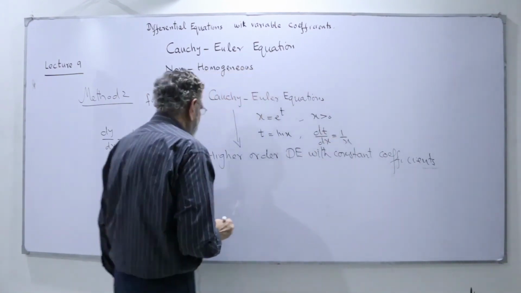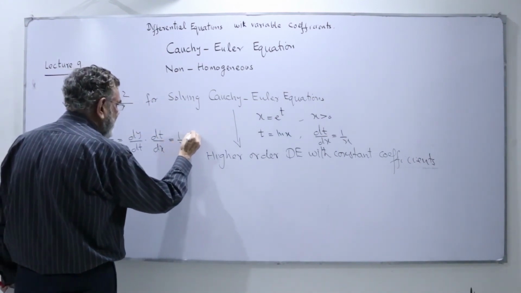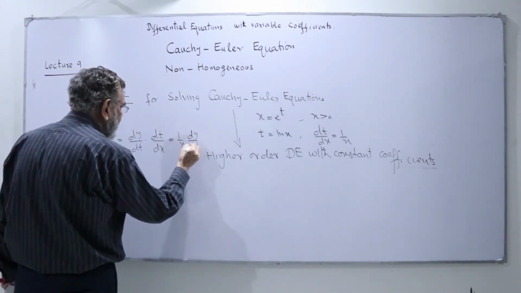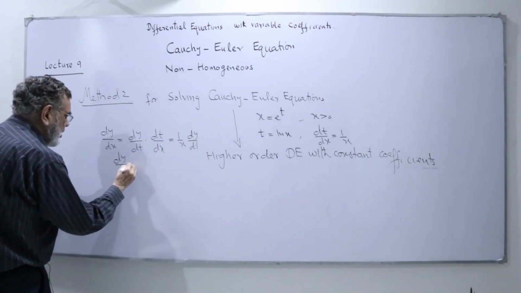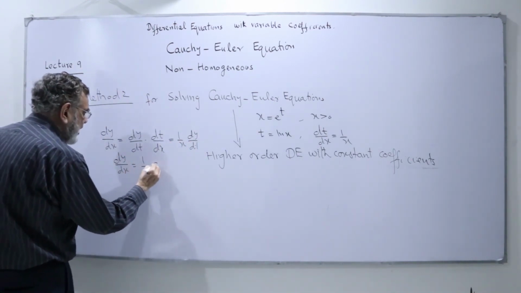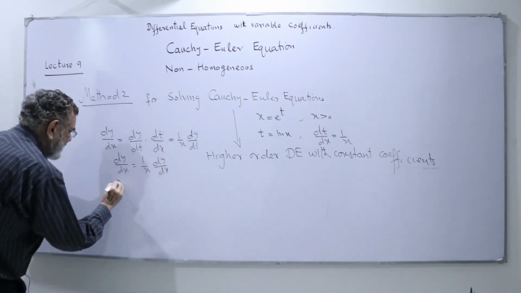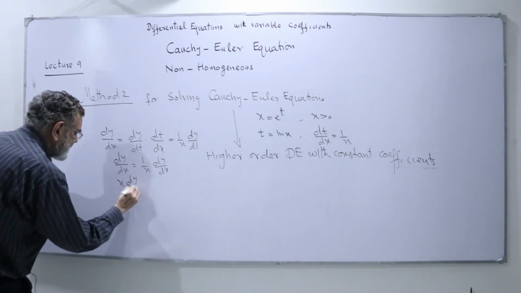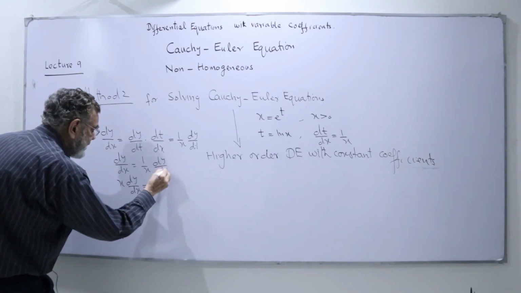So I get dy by dx is equal to 1 upon x dy by dt, and then multiply by x, we get x dy by dx is equal to dy by dt.